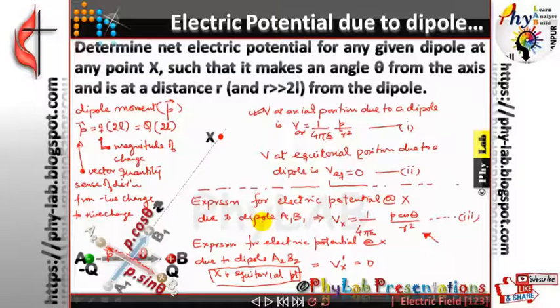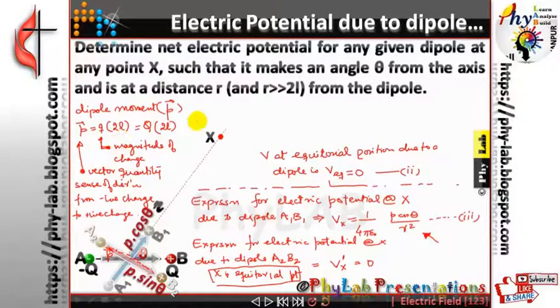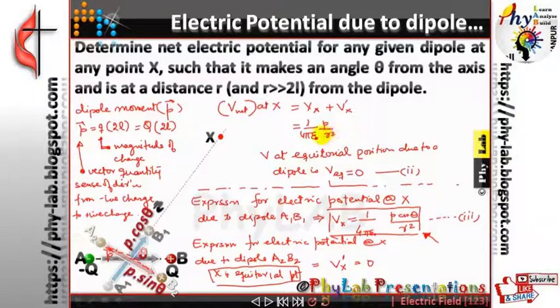So the net potential at point x, V net at x, will be the sum of Vx, that is equation number 3, plus V dash x. What is Vx? Vx we have found as 1 upon 4 pi epsilon naught P cos theta upon r square, friends.